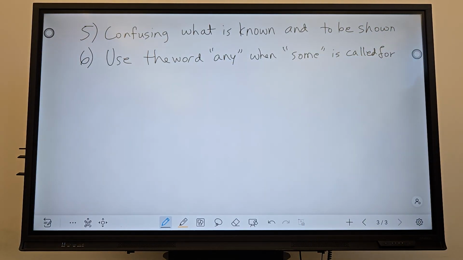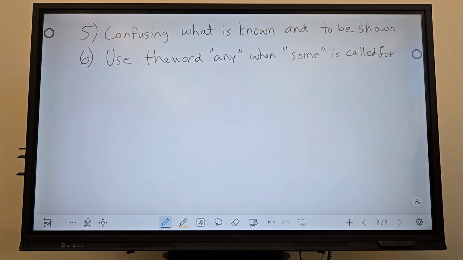There are many situations in which the words any and some can be used interchangeably. But for example, suppose n is a particular but arbitrarily chosen odd integer.